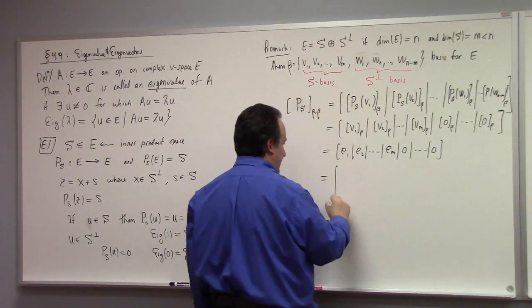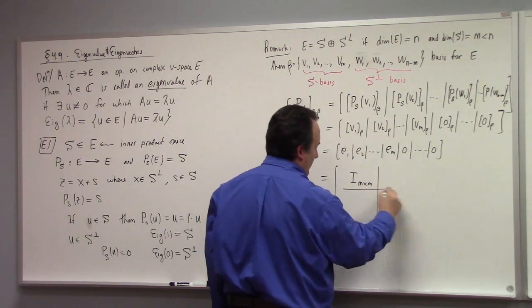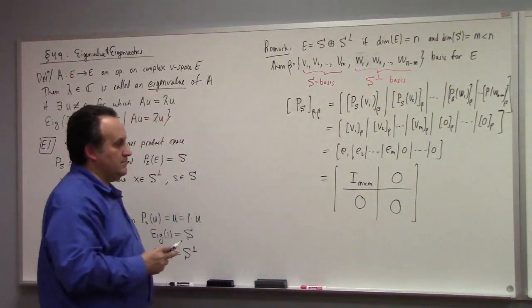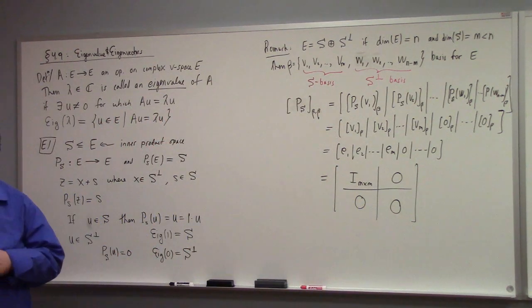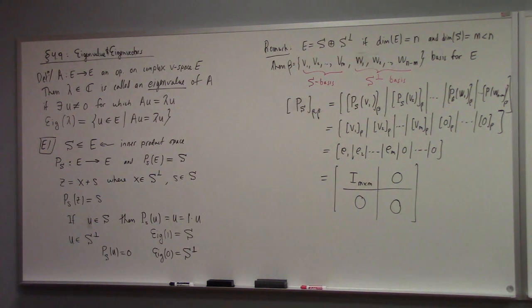So the matrix looks like the m by m identity matrix padded with zeros. This is a pretty simple example, but here we have diagonalized the projection with respect to this usual basis. The basis here is an example of an eigenbasis, because every basis element is an eigenvector of the projection operator with either eigenvalue 0 or eigenvalue 1.